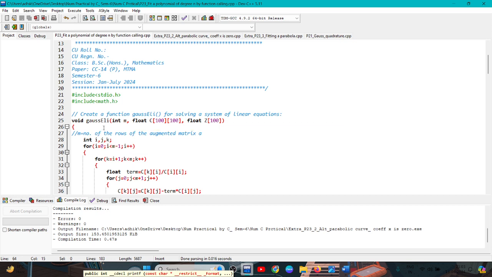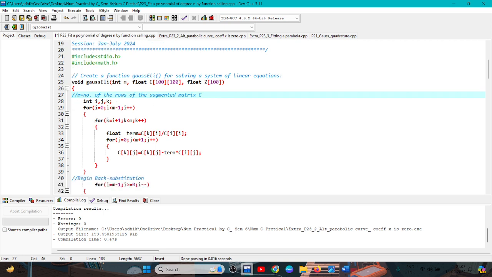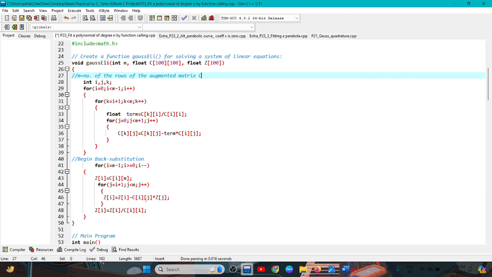create a function, void Gauss elimination, with integer m, float c the matrix C, and float z the variable. The C matrix is the augmented matrix, and m is the number of rows of the augmented matrix C. With integers i, j, k: for i equal to 0, i less than m minus 1, for k equal to this, float term equals c[k][i] divided by c[i][i], and for j equal to 0, c[k][j] equals c[k][j] minus term into c[i][j].